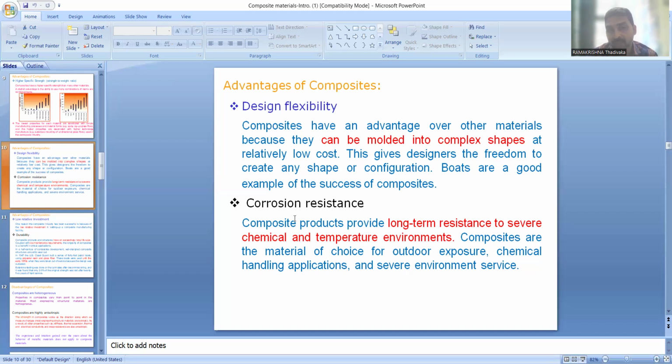Next, chemical plants: due to chemical exposure, there may be many reactions that lead to corrosion. Composite materials are the choice for outdoor exposure, chemical handling applications, and severe environment service. This is corrosion resistance.